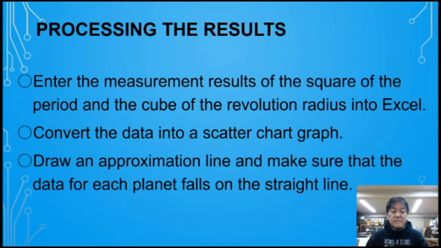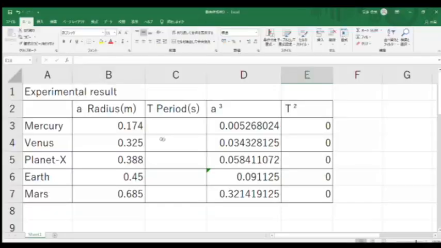Then we will investigate the relationship between the square of the period and the cube of the revolution radius from the data. Let's enter the data of period. Mercury 0.190.